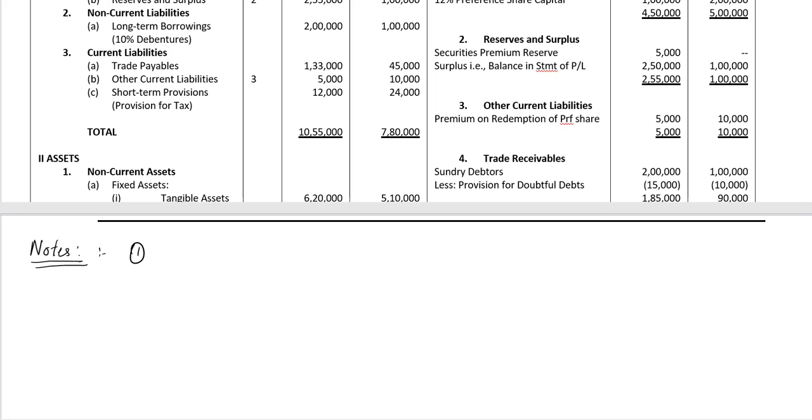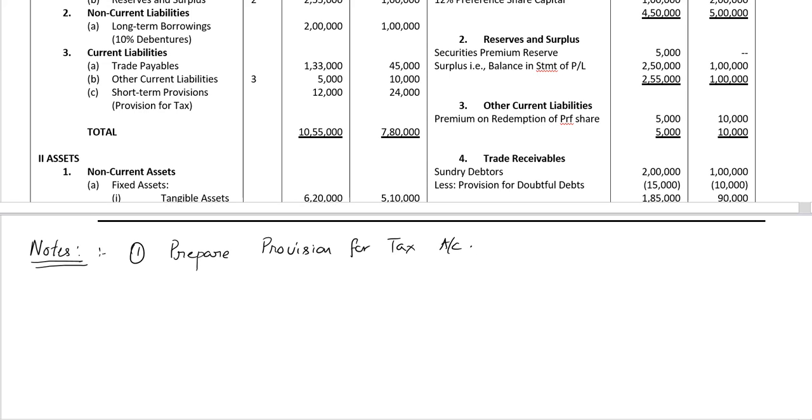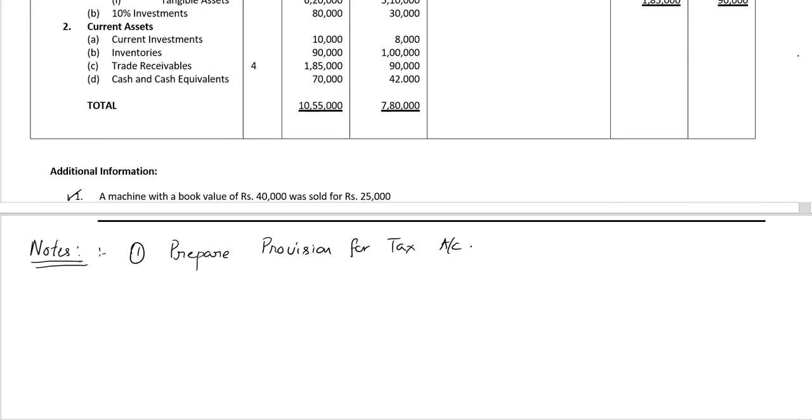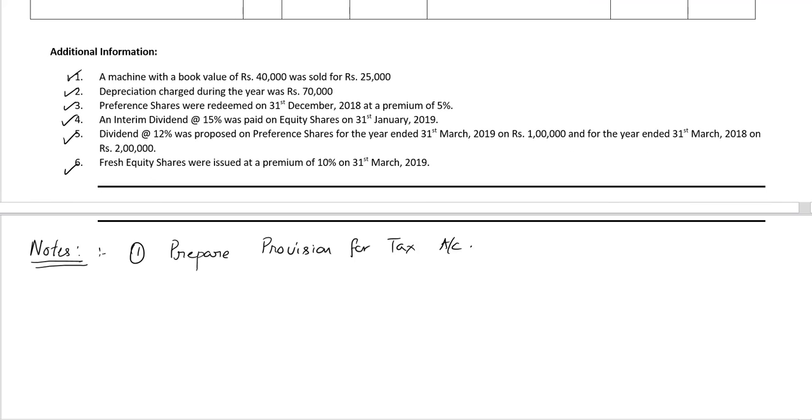So we need to prepare provision for tax account. We'll move on to the additional information. Based on 1 and 2, we need to prepare machinery account.